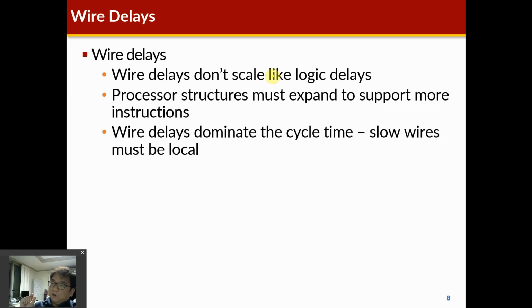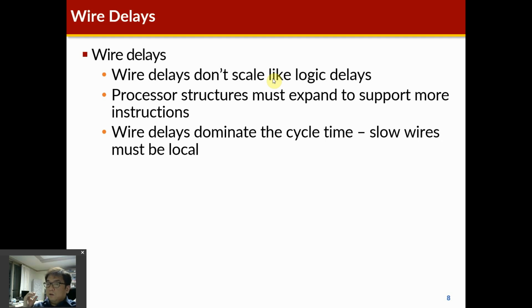As CMOS transistors are scaled down, wire delay is getting more critical. So we need to control these wire delays when we implement the CPUs in the integrated circuit.